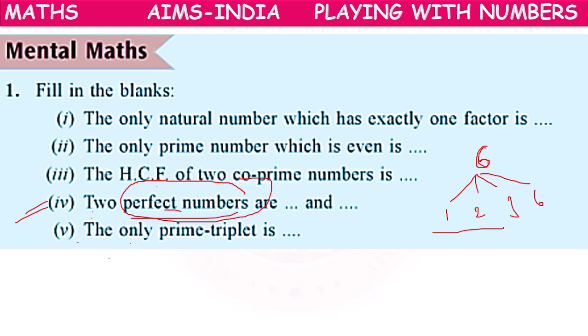The sum of all the factors excluding itself is 1 plus 2 plus 3, how much? 6. If the sum of all factors excluding itself is equal to the same number, then it is called a perfect number. So here one number like that is 6.